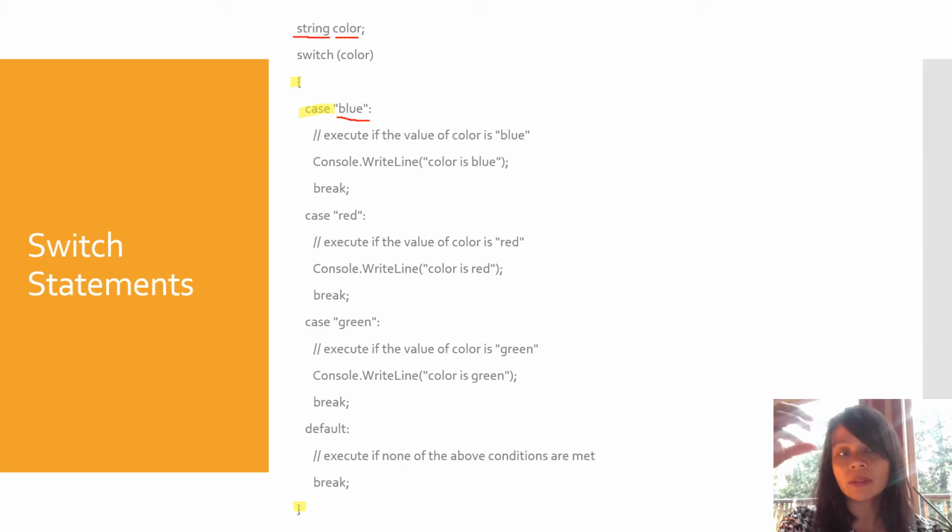So in the case that it's this string blue, then you have a colon. Then you write, and this one you can ignore, it's just a comment, execute this only if the value of color is blue. Then you write what you want it to do, which in this case is print color is blue.